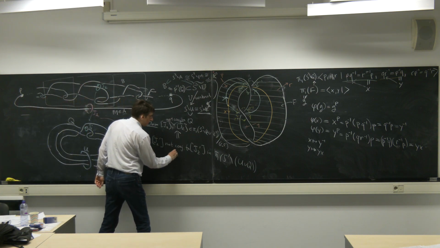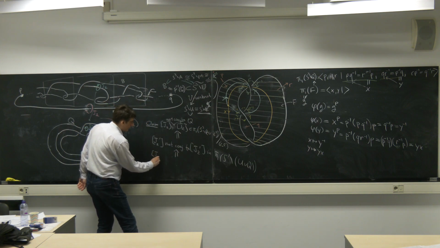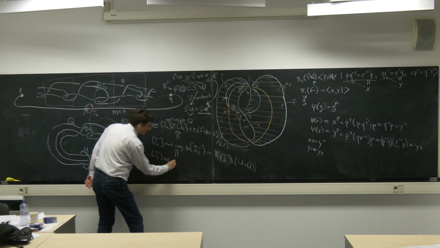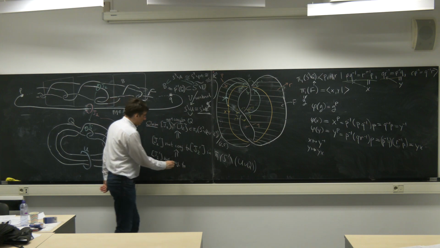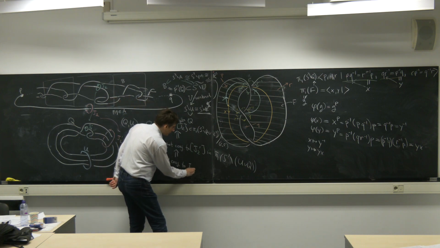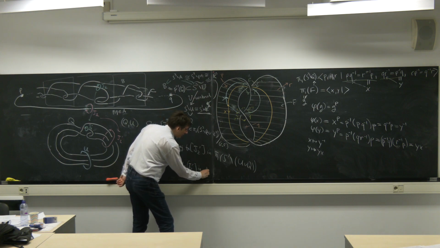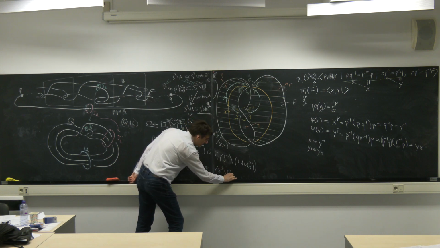And in order to prove this, it is enough to prove that they are not conjugate, J1 prime and J2 prime, in the fundamental group of the complement to just Q.